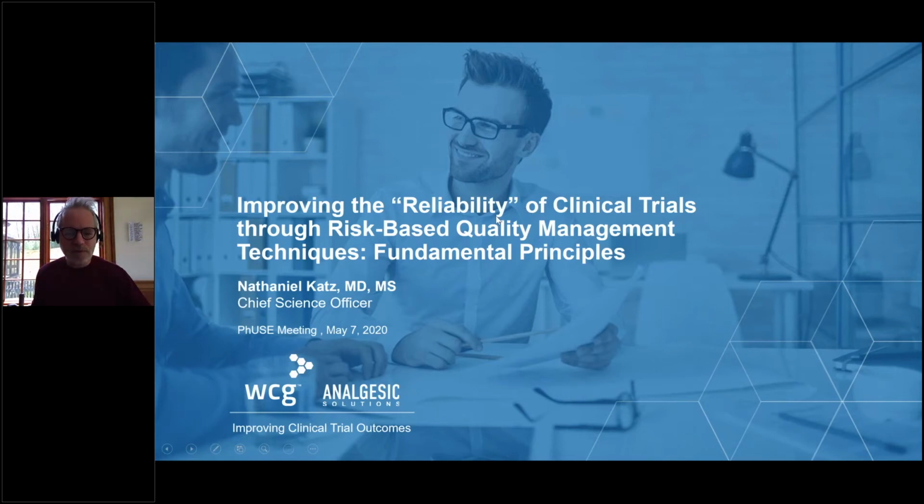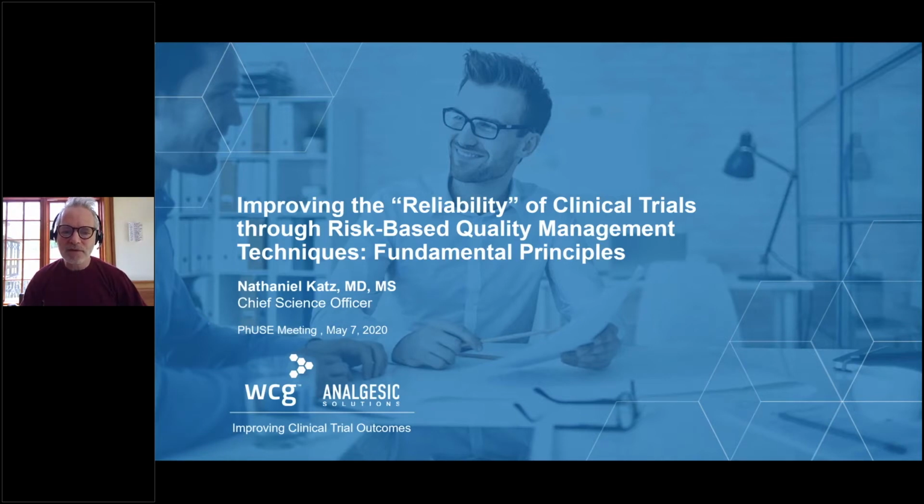So what I'll be focusing on specifically is reliability of clinical trials. And as everybody knows who has worshipped at the shrine of the ICH E6R2 guidance document, as well as the preceding FDA risk-based monitoring guidance document, the idea that we should be doing risk-based monitoring and related activities for the purpose of improving the reliability of clinical trial results is mentioned throughout those documents.